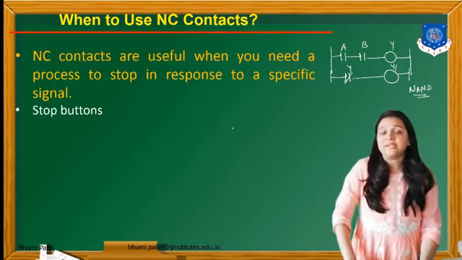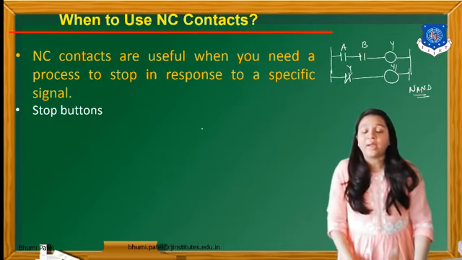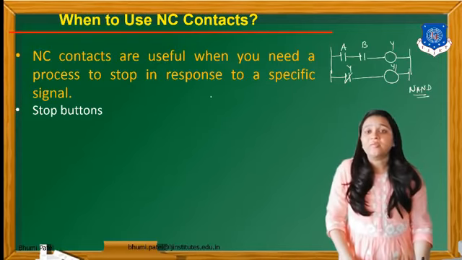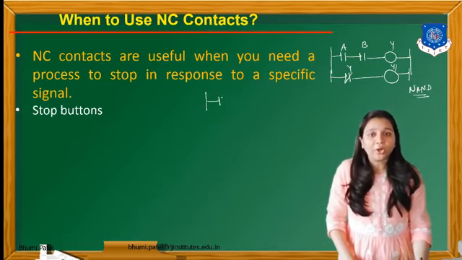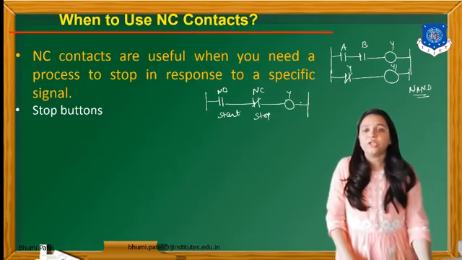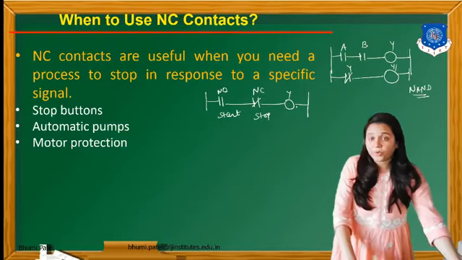If the requirement is to have one start button and one stop button for the process, we generally use the normally open contact to start the system and the normally closed contact to stop the process, and this is my output Y. It is used for stop buttons, automatic pumps, and motor protection.